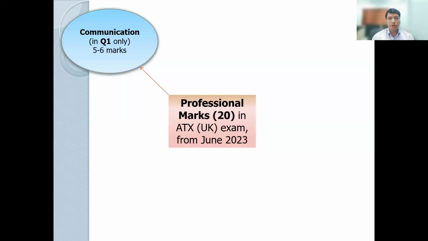So now, in some questions, especially in the part A question, you are going to be presenting your answer in a more formal, more structured manner. I'll explain a little bit further on this.